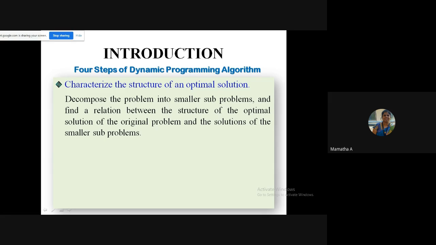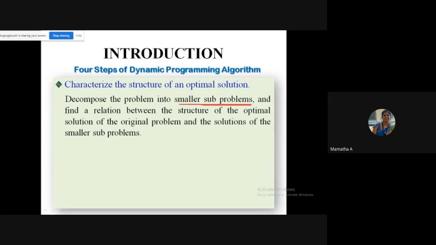And remember, the smaller subproblems are dependent or independent? In dynamic programming, are the subproblems dependent or independent?